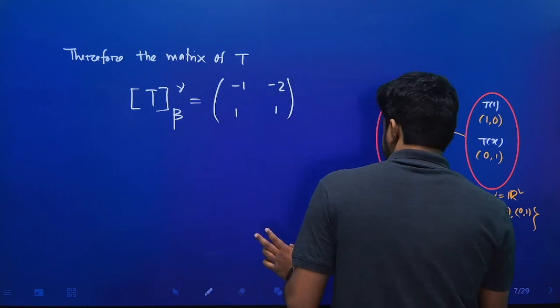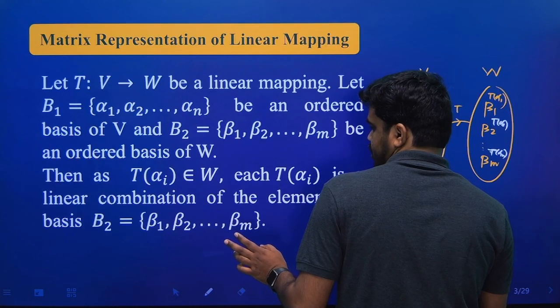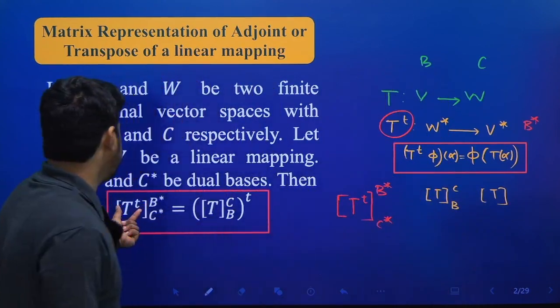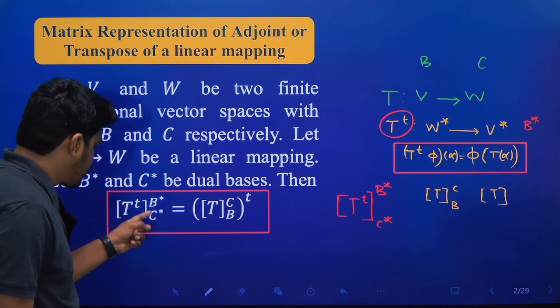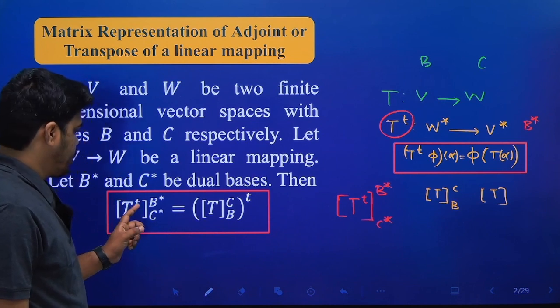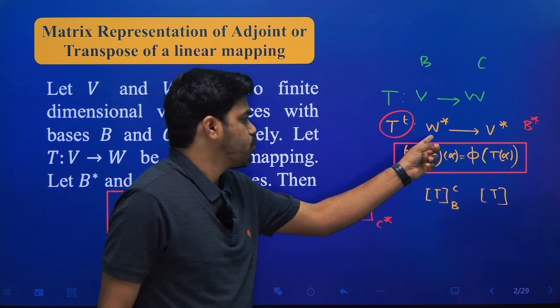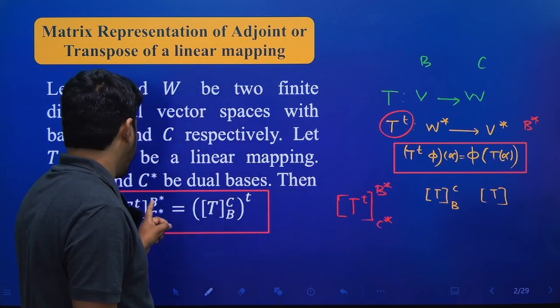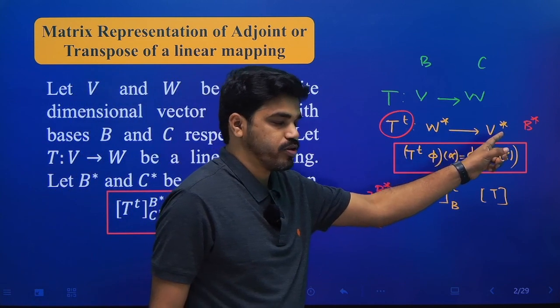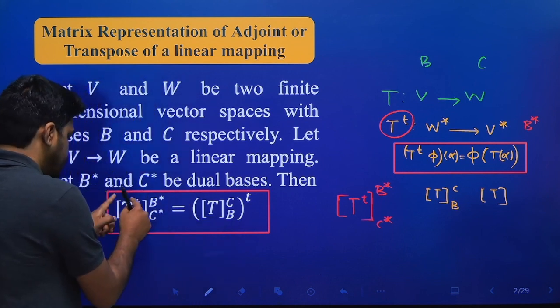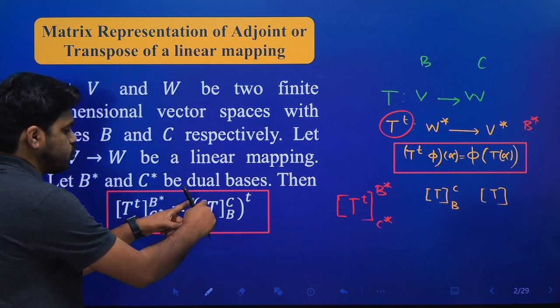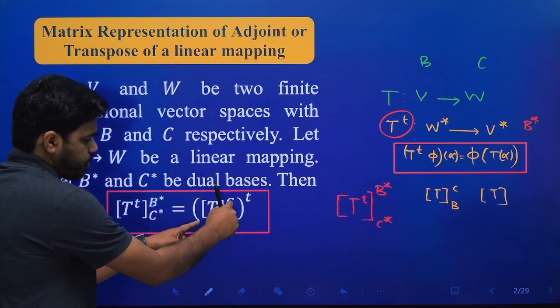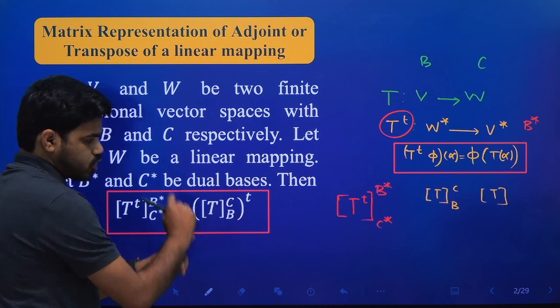Now we apply this result, T transpose, C star to B star. C star is the dual basis for W star and B star is the dual basis for V star. So that is T transpose, C star to B star. So this will be [T] B to C whole transpose.